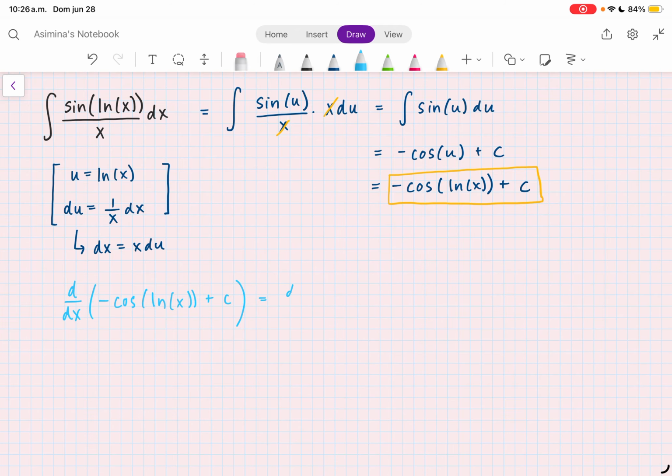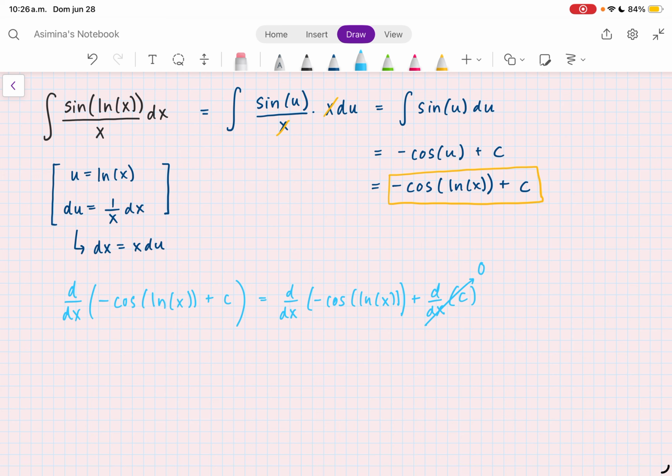All right, so this will break up as the derivative of negative cosine of ln of x plus d/dx of the constant c. Now what's the derivative of a constant with respect to x? That's just 0, so really this ends up being the derivative of negative cosine of ln of x.